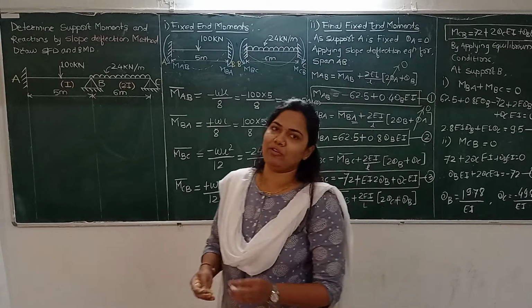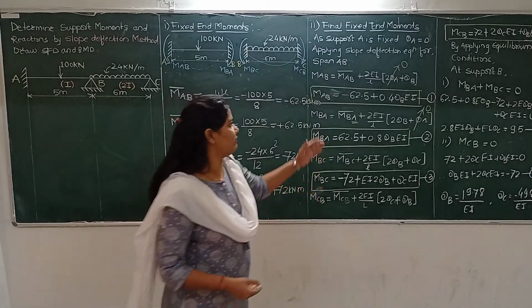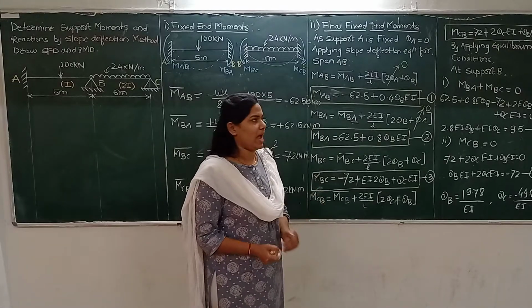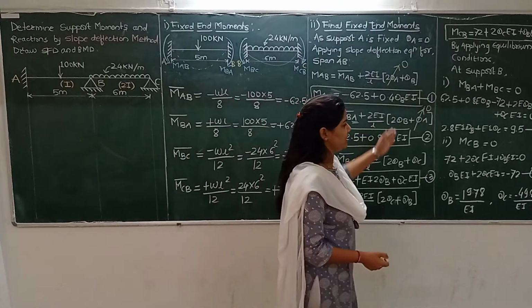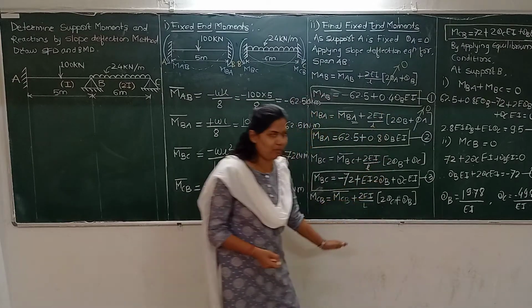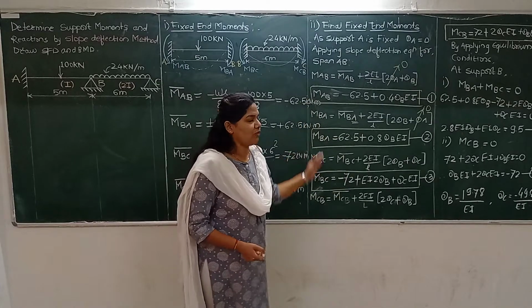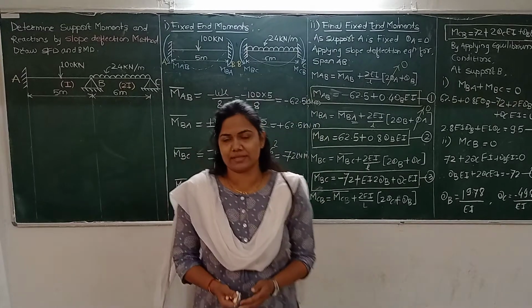We will use these values of slopes in the final end moment equations, and when we put the values of slopes in equations 1, 2, 3 and 4, we will get the values of final end moments.